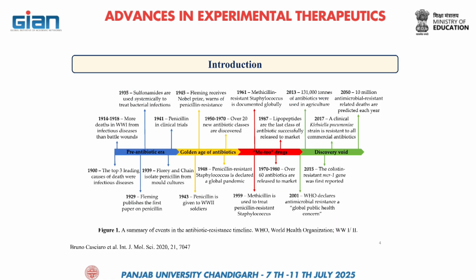Now if I look at the history of antimicrobial drugs, the first period was the pre-antibiotic era, when penicillin was invented. For penicillin, Fleming received the Nobel Prize, and after that there was a golden age when, if there was any problem, they gave the antibiotic agent and immediately killed the bacteria. But in 1948, some bacteria became resistant to penicillin. Even another bacterial enzyme was discovered in India.